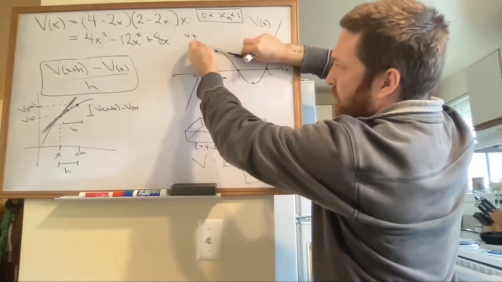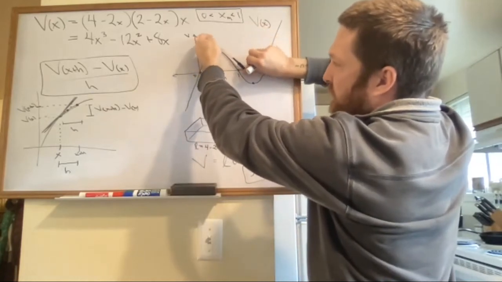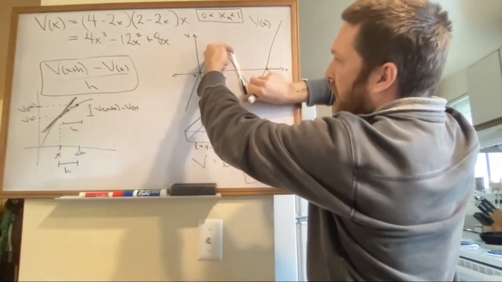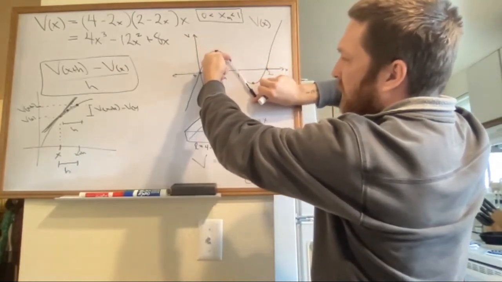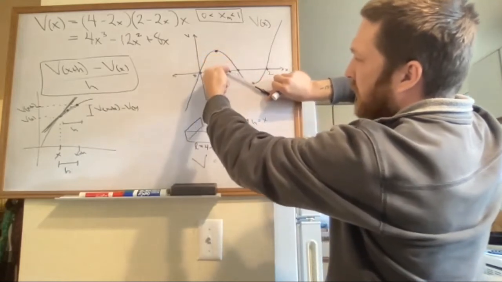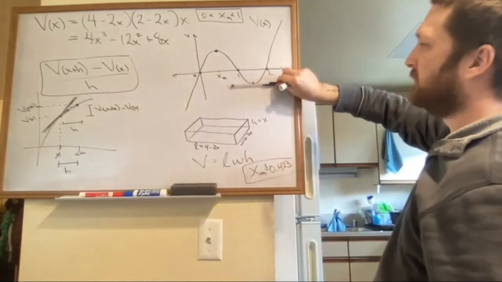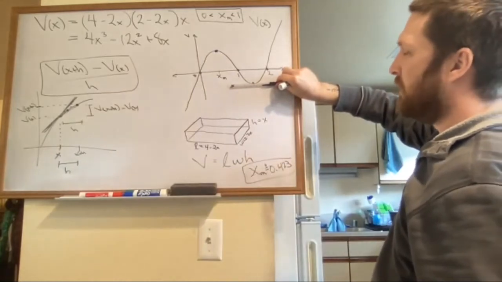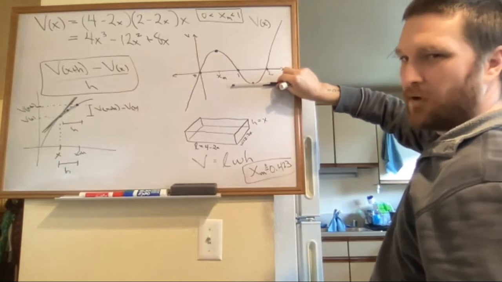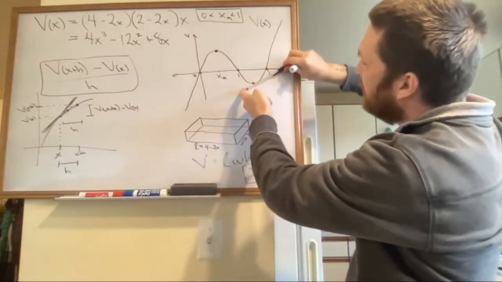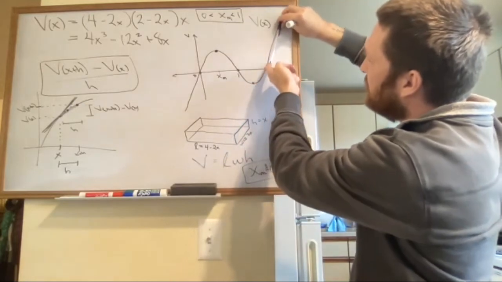And we can imagine, as we continue on, now the slope is negative and it's getting more negative, and as we go along, it's still negative, but it's getting more positive. And finally, right here, what's its slope again? 0. It's 0.